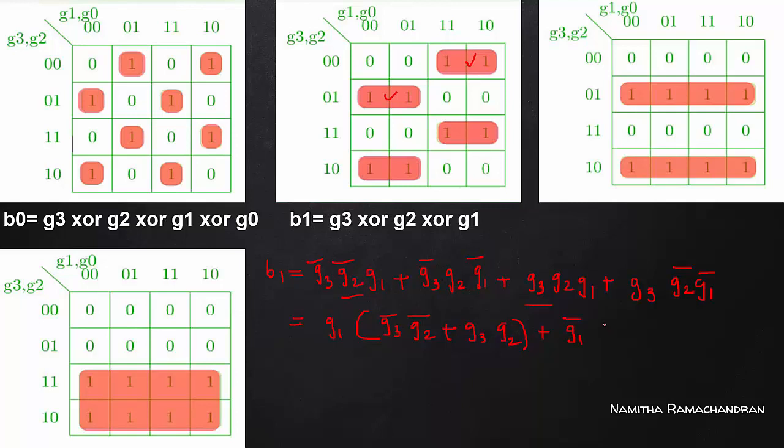G1 complement is common, take this outside, and the remaining terms are G3 complement, G2, or G3, G2 complement. So this is actually G1 and G3 XNOR G2, or this is G1 complement and this is actually G3 XOR G2.